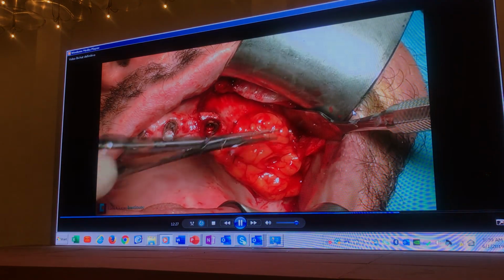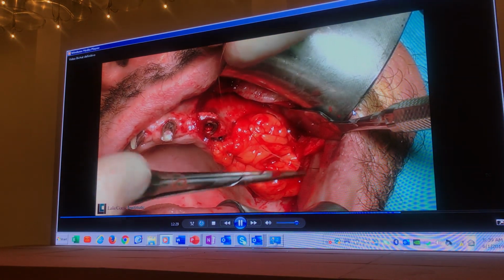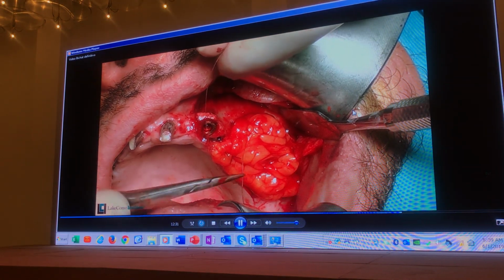So now you remember that big flap that he made at the beginning that went all the way up to the lateral?